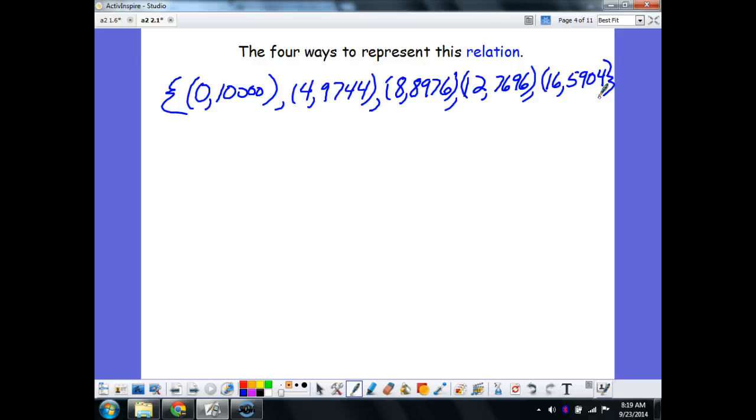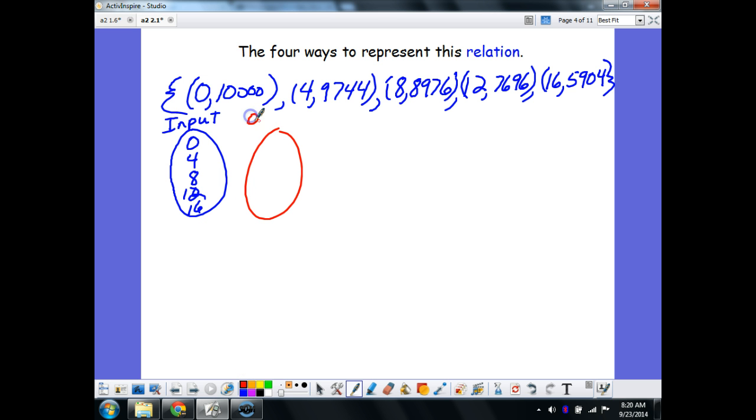The next is what's called mapping. So the mapping part of it is we're going to put the inputs in one circle, and the inputs is the time, the independent values. So the input is the 0, 4, 8, 12, and 16. Order really doesn't matter. And then in the other circle, we're going to put the outputs.